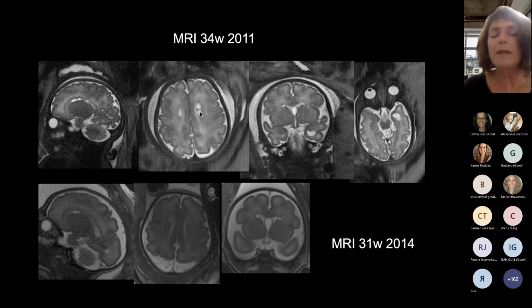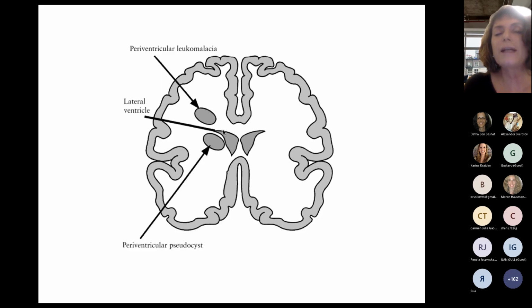This is an example, a very unusual example of abnormality, and that has actually been defined as a pathology in genetics. I just want to present this case to make the differentiation that the periventricular pseudocysts appear in line below the line that extends into the lateral ventricle.